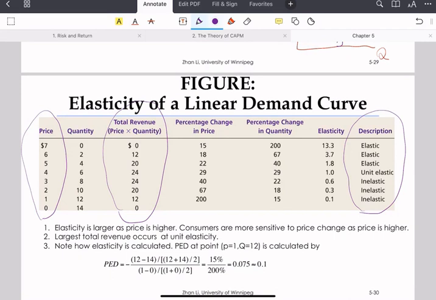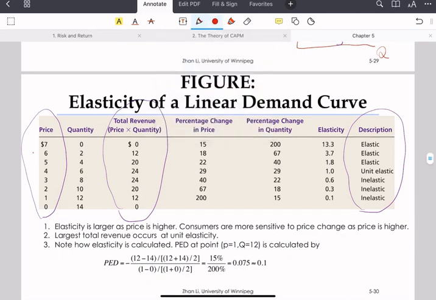As we increase price, total revenue first increases, until this value. But after getting $24, total revenue decreases. So it first increases and then decreases.